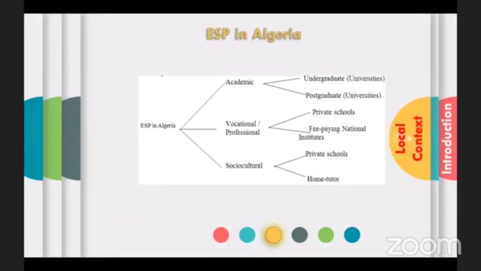ESP in Algeria, this is the chart made by me. We've got academic, undergraduate to postgraduate. I may give you an example: School of Mathematics and Artificial Intelligence. We have the School of Electronics Synergies and the Institute of Economic Synergies as well.